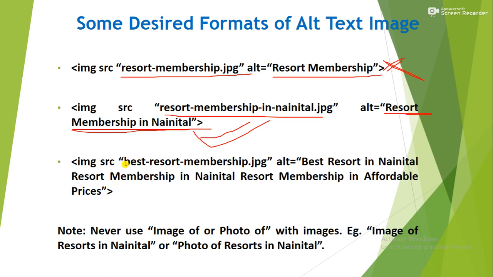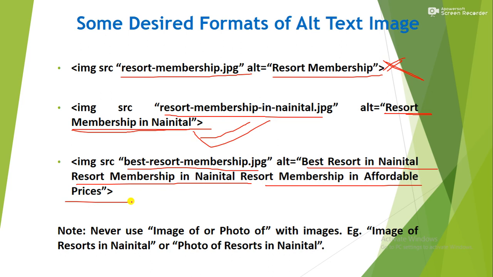Now the third format, which most people make use of, is best resort membership. It is the image source, and after that people write the alt text like best resort in Nainital, resort membership in Nainital, resort membership in affordable prices.